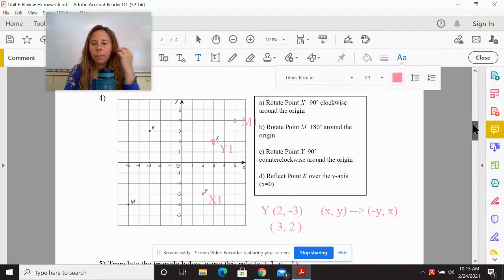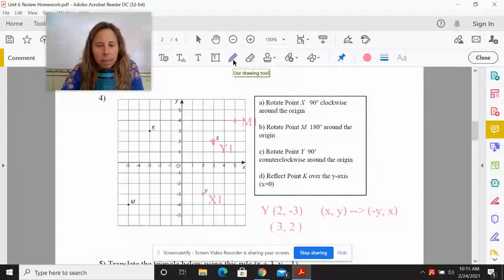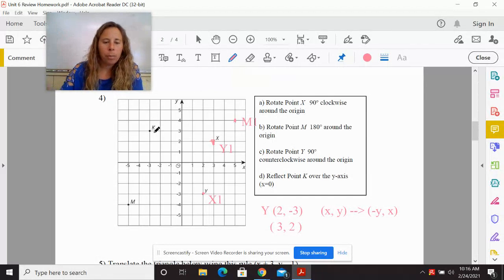Okay. Reflect point K over the Y-axis, which is the line X equals 0. When you're reflecting over an axis, it's pretty straightforward.